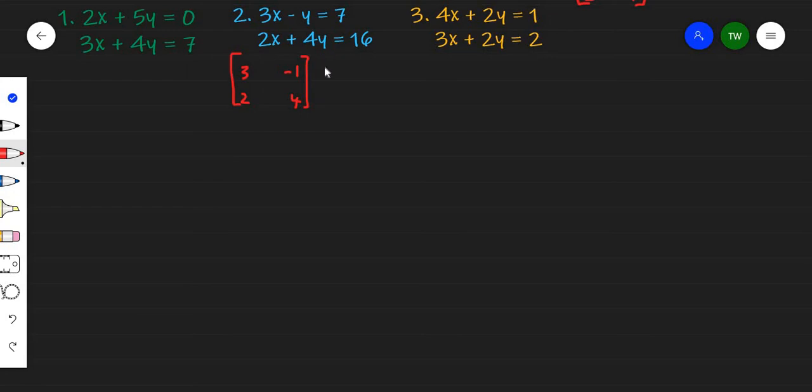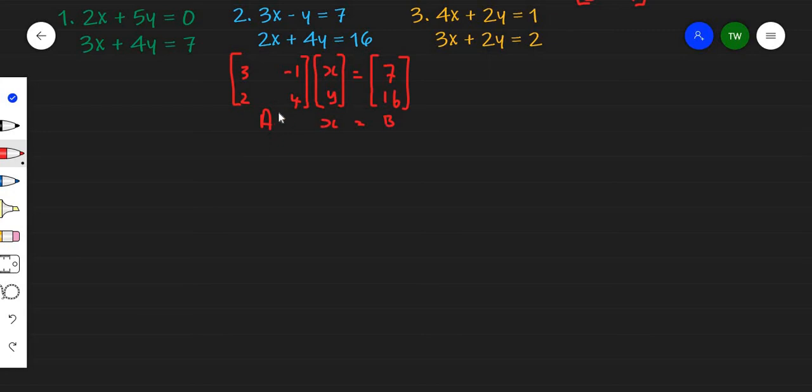Then we're going to put x and y, those are the unknowns in the equation that we're solving for, which is equal to the solution, which is 7 and 16. So now we rewrite the problem in the form Ax equal b.